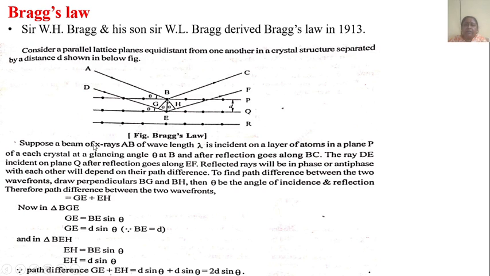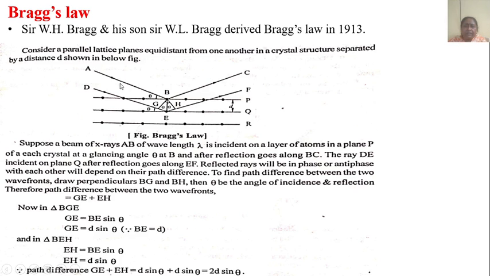Suppose a beam of X-ray AB of wavelength lambda is incident on the layer of atoms in a plane P of the crystal at a glancing angle theta, as shown in the figure at B, and after reflection goes along BC.